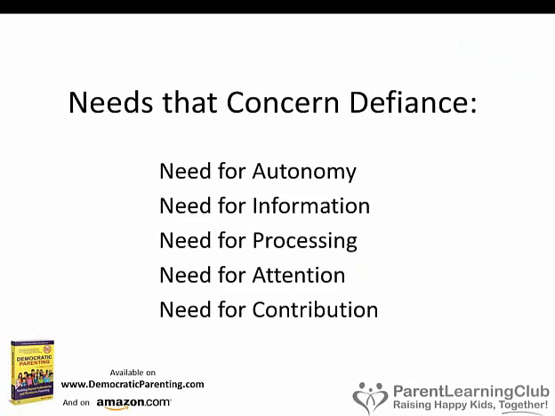But for right now, it's important for us to look at the main needs that are associated with children who act defiant or oppositional. So what I've seen again and again with children who act this way is that oftentimes these are the needs that are missing: the need for autonomy, the need for information, the need for processing, and that's processing experiences, processing emotions or feelings, the need for attention.